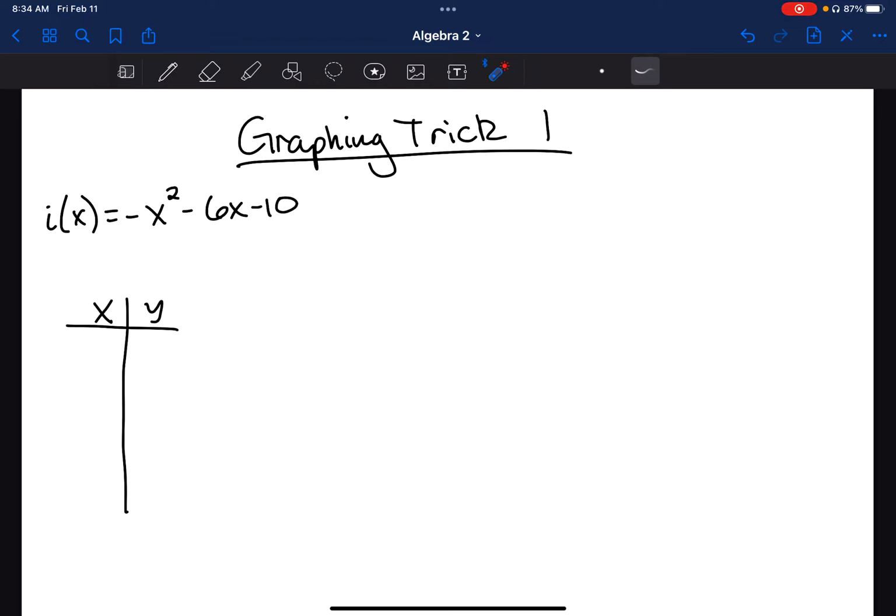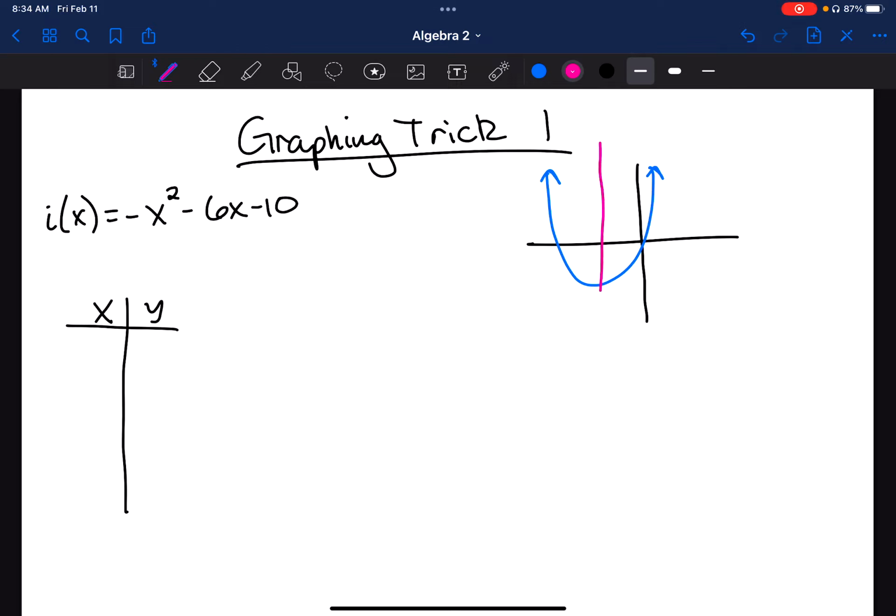But what we need to think about is a quadratic. I'm just going to get a quick little sketch of one here. A quadratic is symmetrical. There's this line here, the axis of symmetry, about which this thing is perfectly symmetrical.